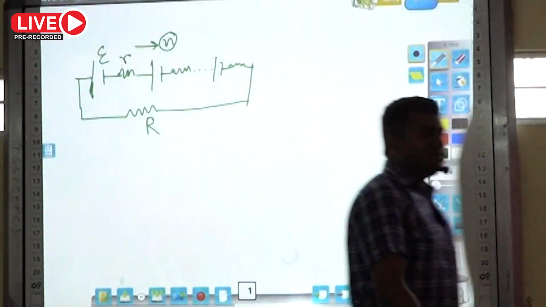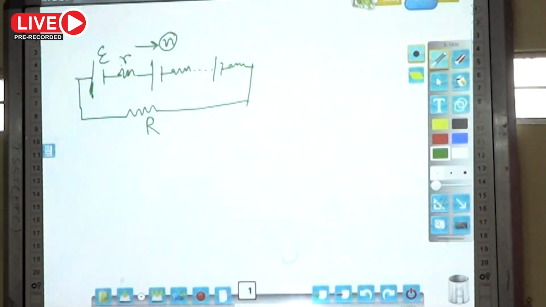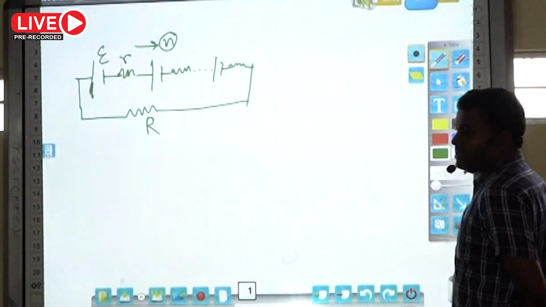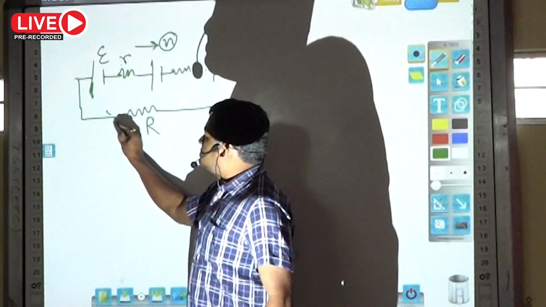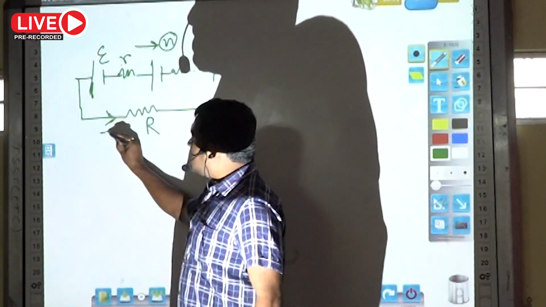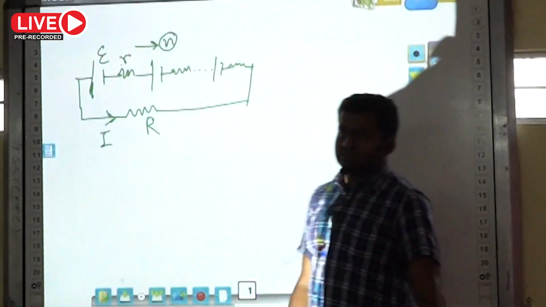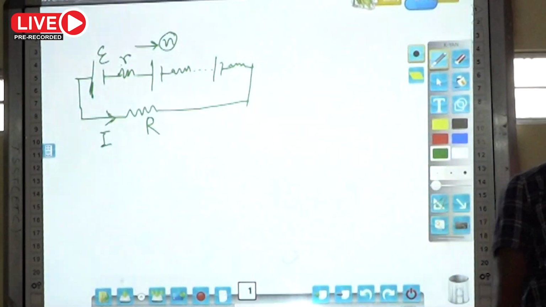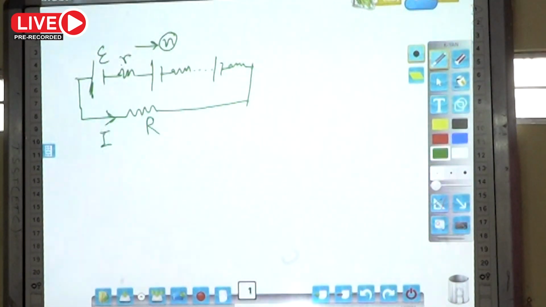Each cell has EMF E and internal resistance small r, and the external resistance connected to the circuit is capital R. Now let us consider in this case, the current flowing through this R is I. All the cells are connected in series. All have the same EMF, same internal resistance, means identical cells.